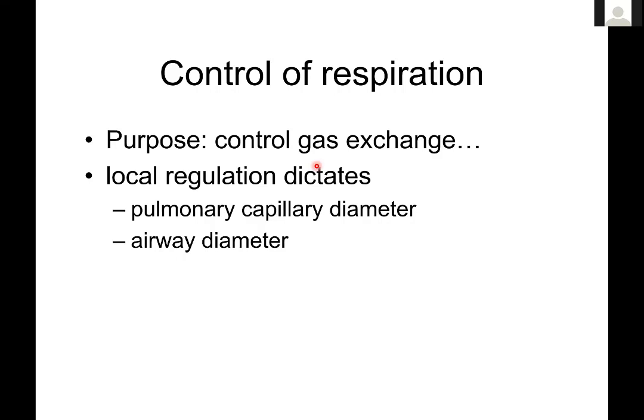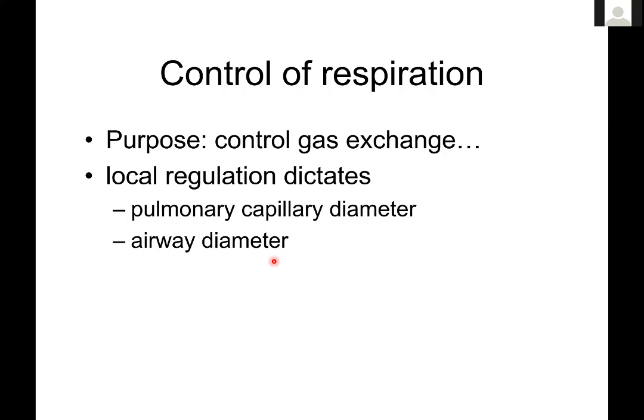So local regulation of respiration includes pulmonary capillary diameter and airway diameter. If you think back to the PowerPoint about blood vessels, we talked about local autoregulation and the fact that changes in oxygen consumption change the diameter of arterioles.